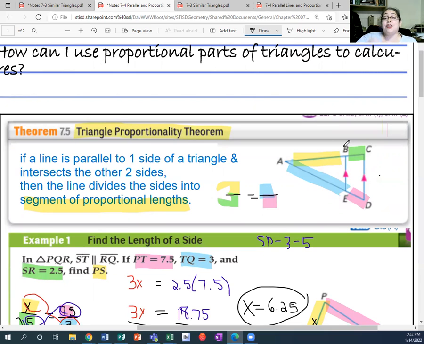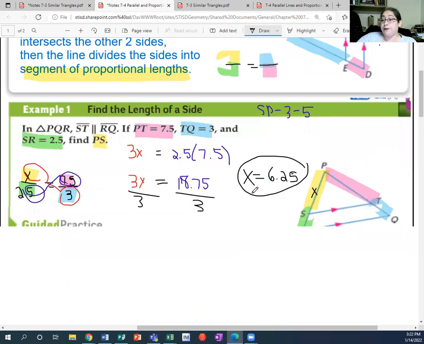Let's try this one again. So this theorem starts with you having to know that this line doing the intersecting and this side of the triangle are parallel to each other. Once you know that they're parallel, since it's been given to you, you know that this proportion is going to get created. So this gets used when you want to calculate something and you already know that things are parallel.